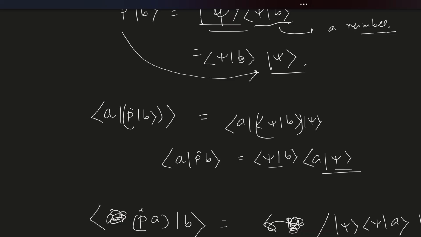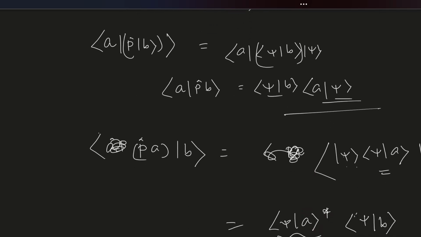That means this is psi, but psi is already star, taken in ket, so this is psi B. Now because this thing is a complex conjugate, you can express psi A star as A psi. So this is nothing but the same expression. That means you are getting that A P B is equal to P A B. This can be written as A P dagger B, as we have seen from earlier.